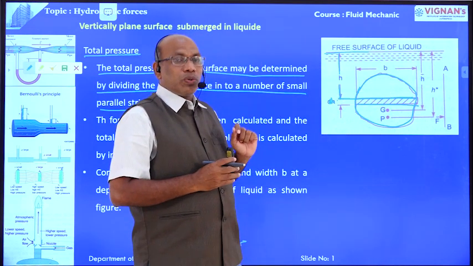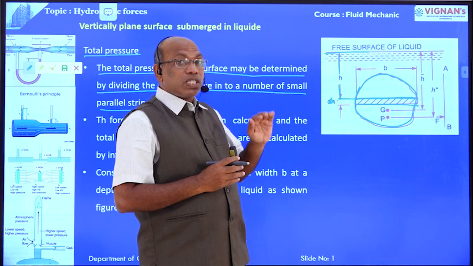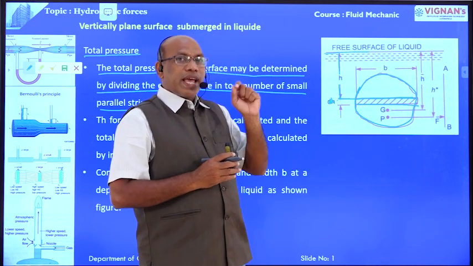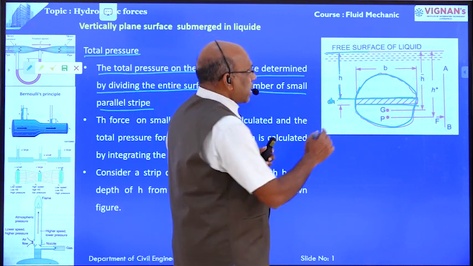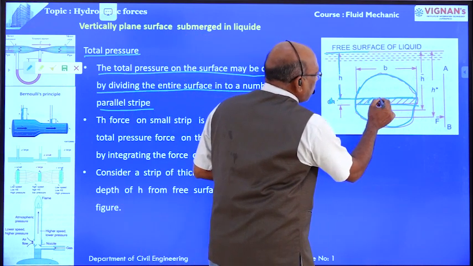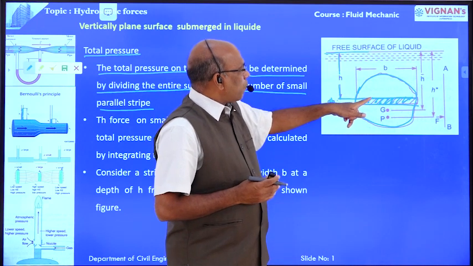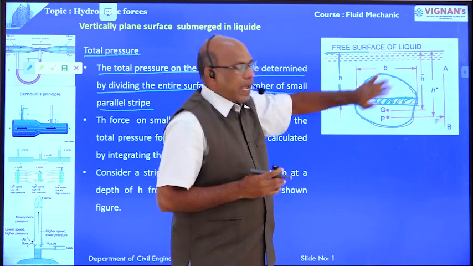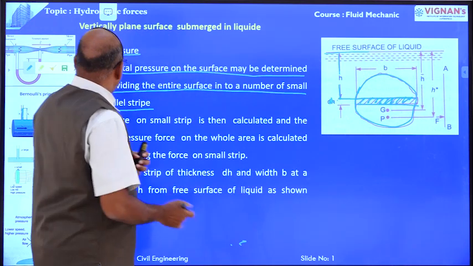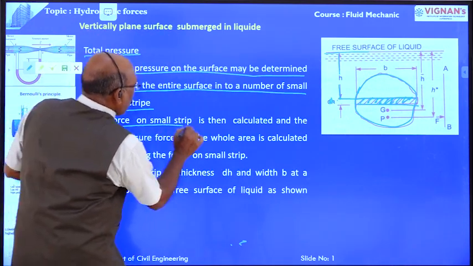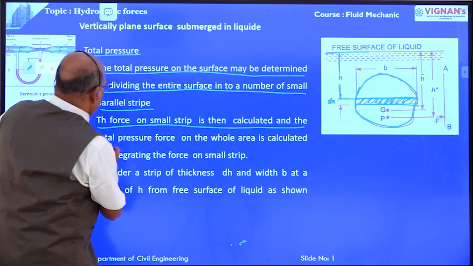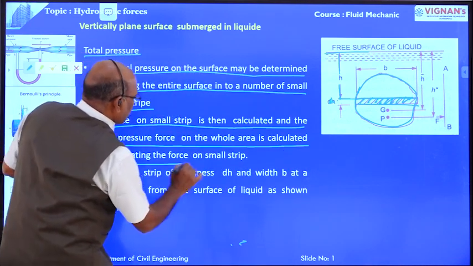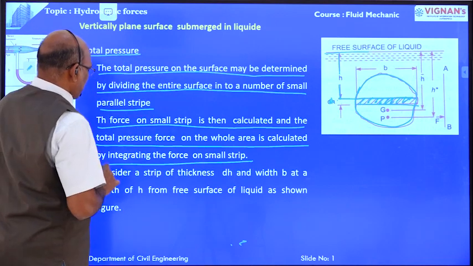Then we determine the total pressure force on the entire area, which is the integration of the pressure force on the small strips. The force on a small strip is calculated, and the total pressure force on the whole area is calculated by integrating the force on the small strips.